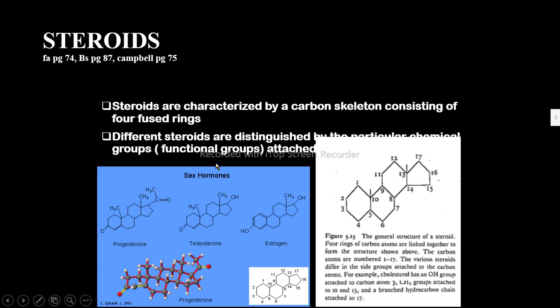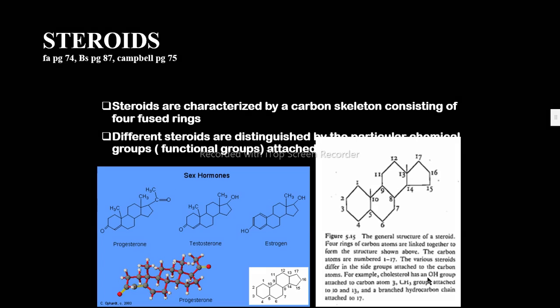Steroids are a class of lipids that are characterized by the carbon skeleton made up of 4 fused rings. And what are the 4 fused rings? It's this one.